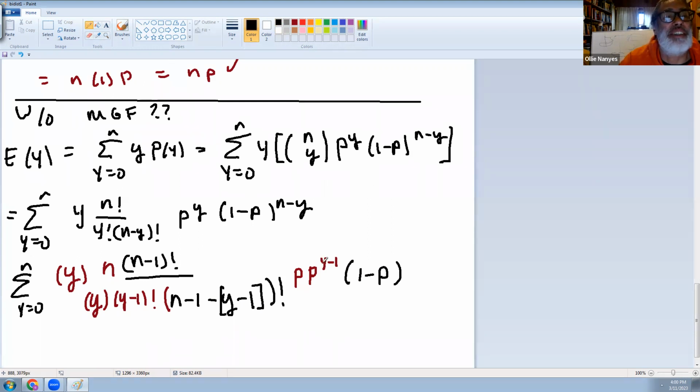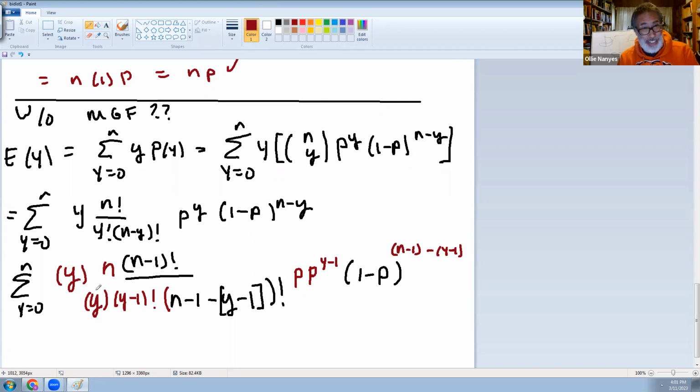Now, let's look at the exponent. I'm going to do the same trick again. Right here, I'm going to write this n as an n minus 1, subtract y minus 1. Now, notice I'm subtracting a 1, then I'm adding it right back, so I have not changed this factor here at all.